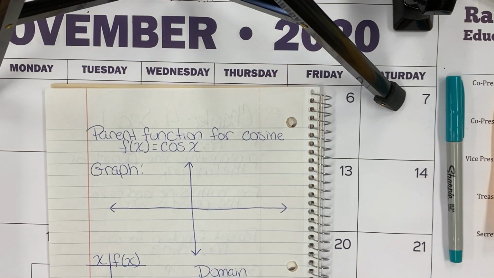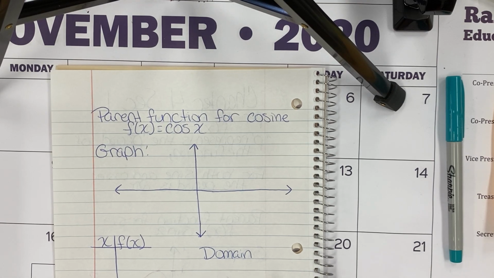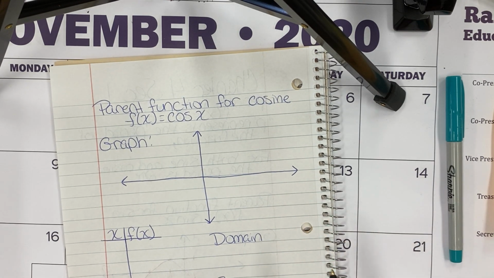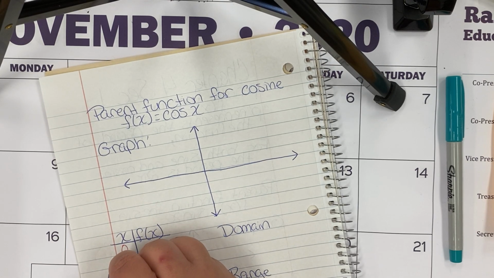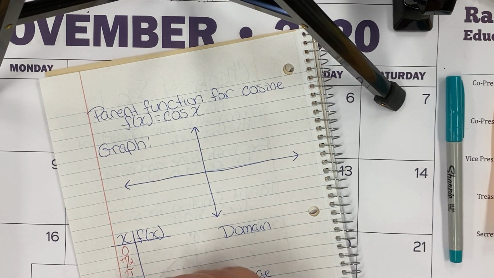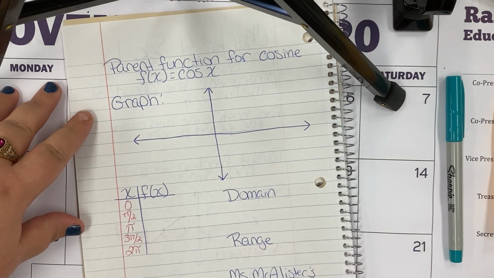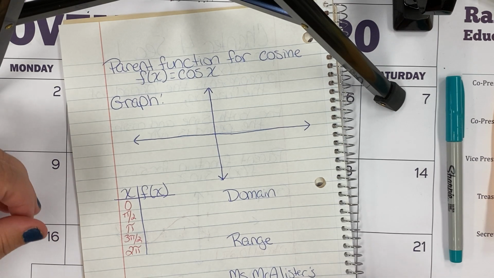So then we have the cosine function, and sine and cosine are somewhat related. Cosine, of course, focuses on your x value. So again, just the parent function for cosine, we're going to have those same points: 0, pi over 2, pi, 3 pi over 2, and 2 pi. However, cosine also is based off the unit circle.